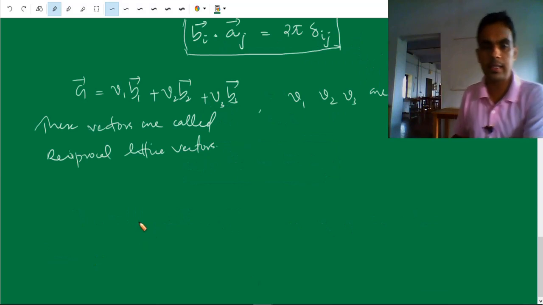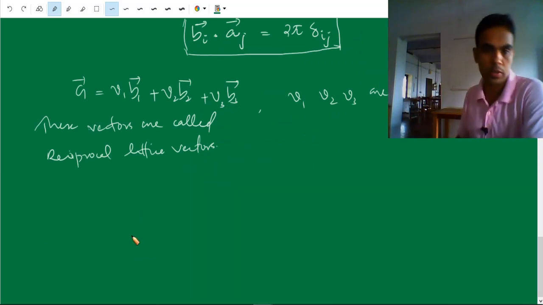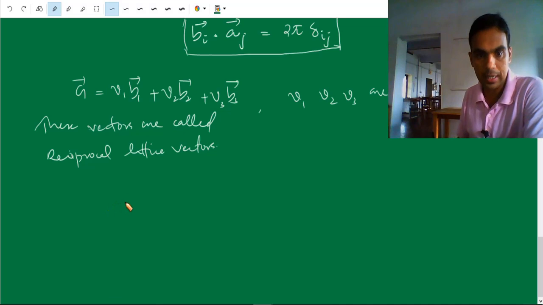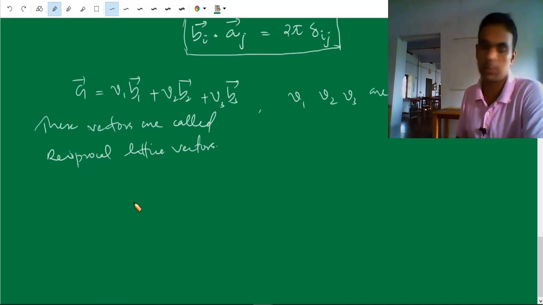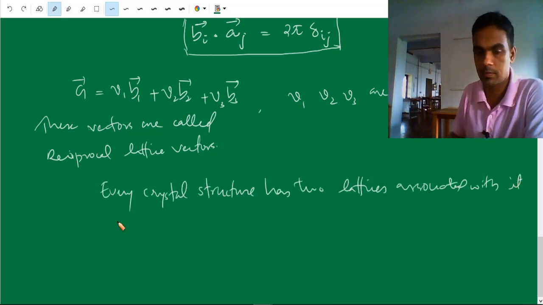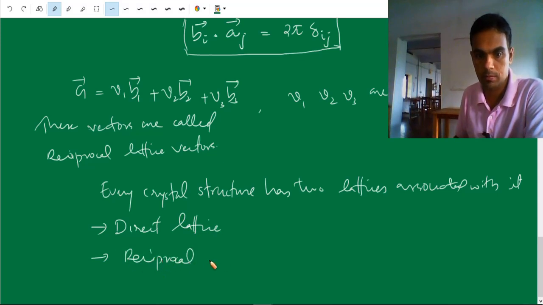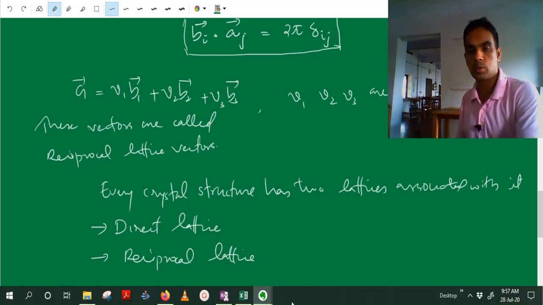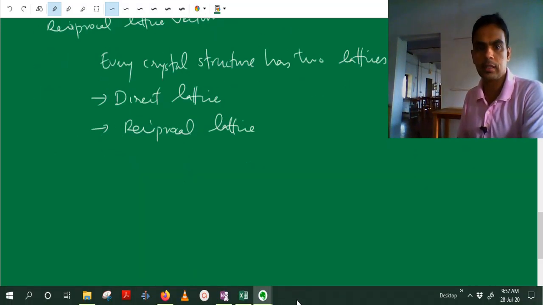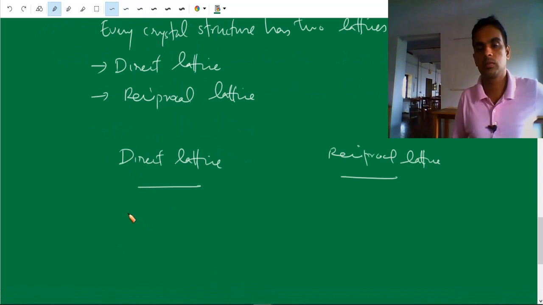Every crystal has two lattices associated with it. One is direct lattice and the other one is the reciprocal lattice. Let us now compare the two lattices.